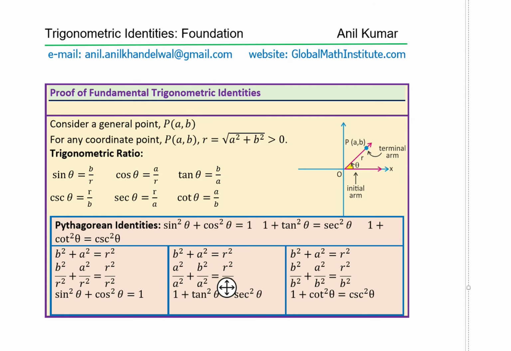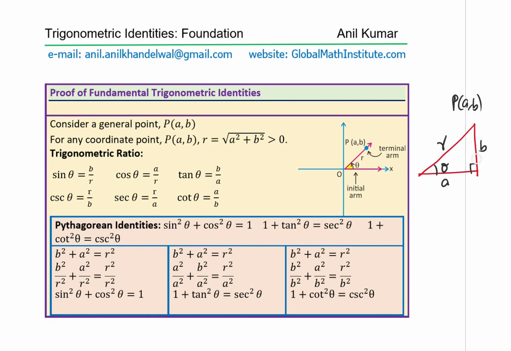Now, for the Pythagorean identities, we will again take up the same right angle triangle as we have been working with, right? In this particular triangle, we know these sides are a and b, with point (a, b), an angle theta, and hypotenuse r. Now clearly, we know a square plus b square equals r square in the case of a right angle triangle.